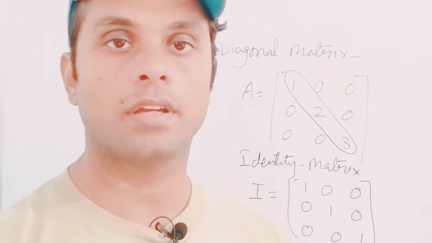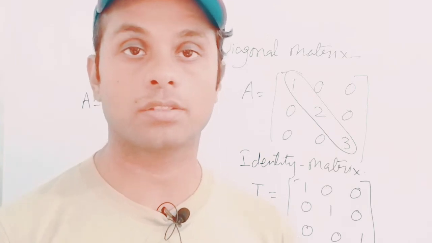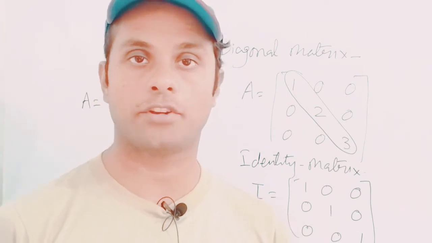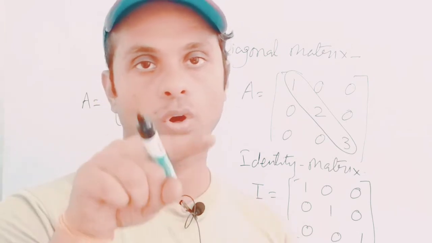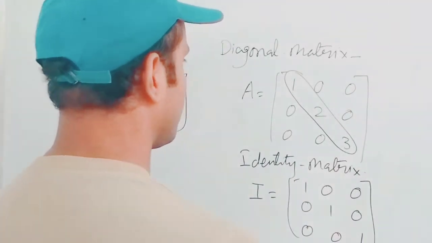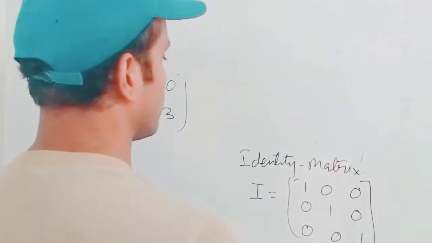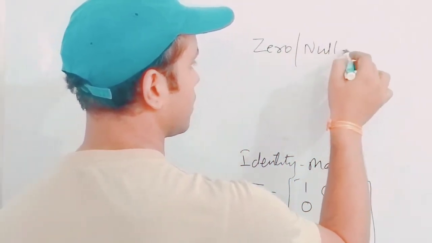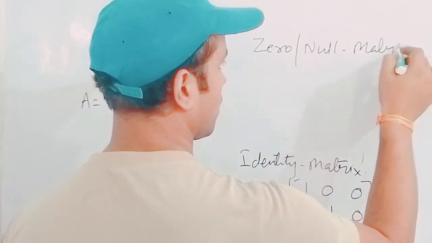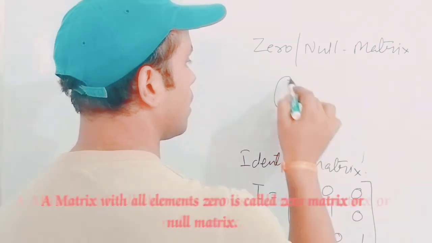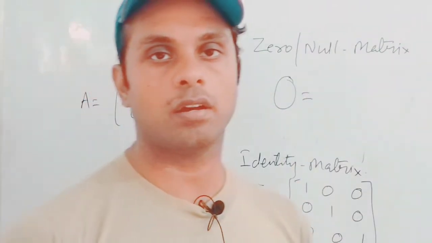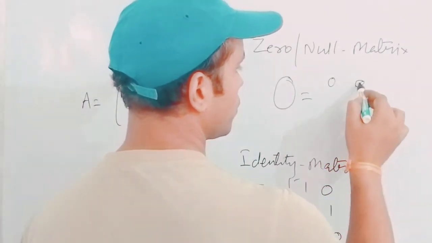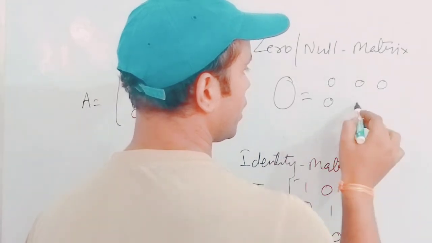A matrix in which all the elements are 0 is called a zero matrix, and zero matrix is also known as null matrix, and it is denoted by O. For example, null matrix or zero matrix is denoted by 0, and this may be different from square matrices also. 0 0 0 0 0.